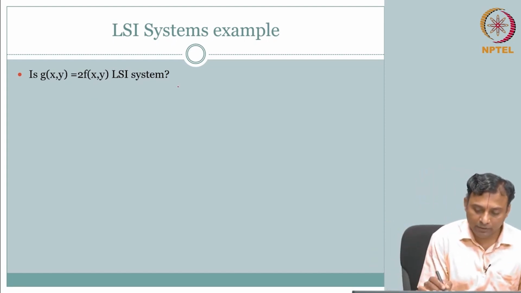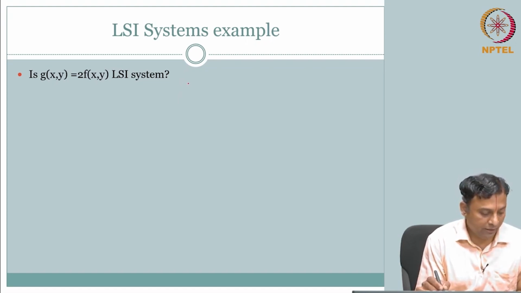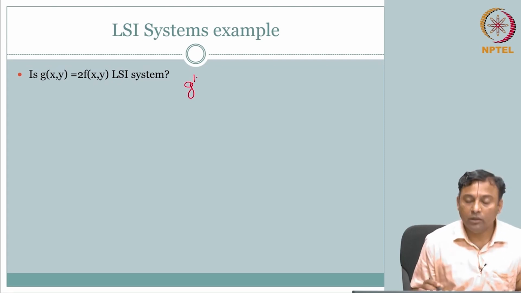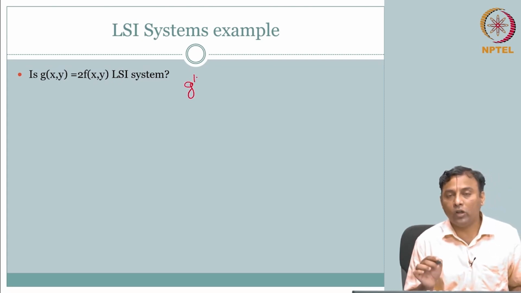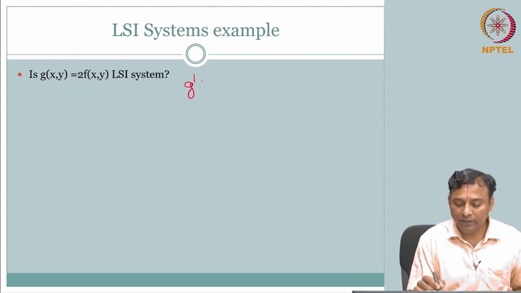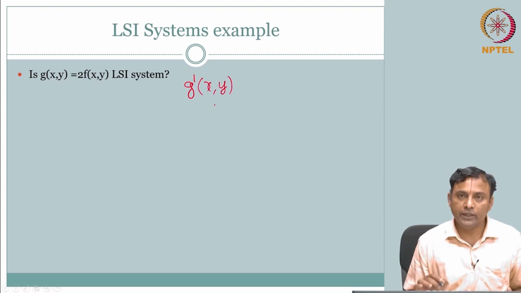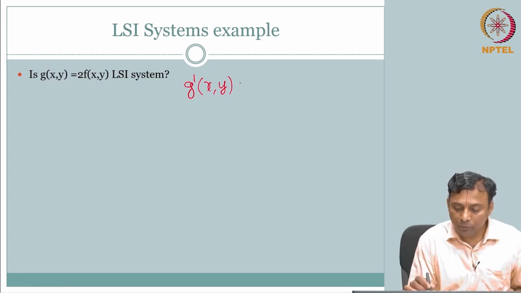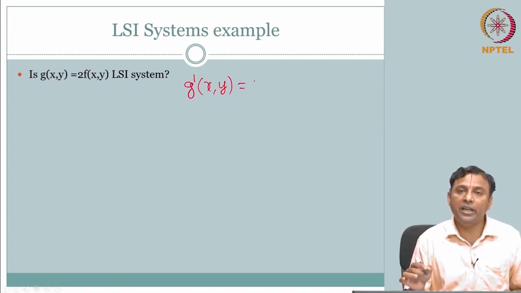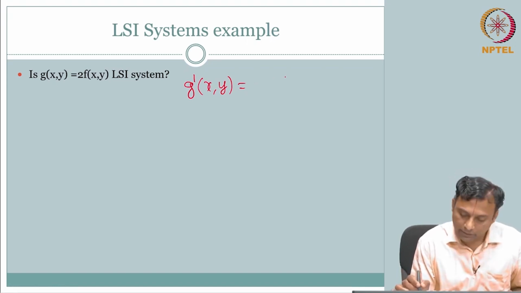I think it will be good if you can write as we speak. So if I say, for clarity, I don't want to call it G of x y because we want to check whether G of x y is a linear system or not. So if I say G dashed of x comma y is the output that you get when you present a weighted combination of input signals.